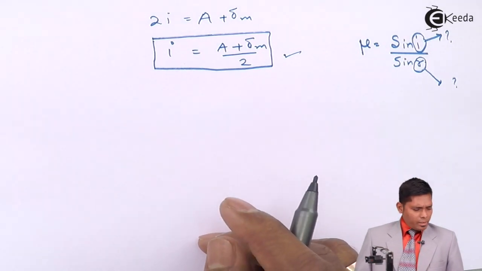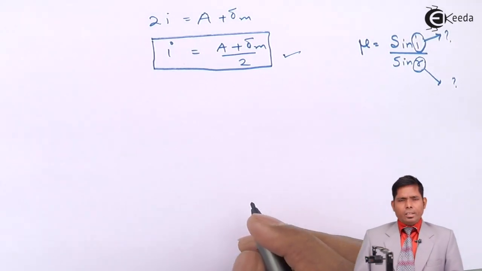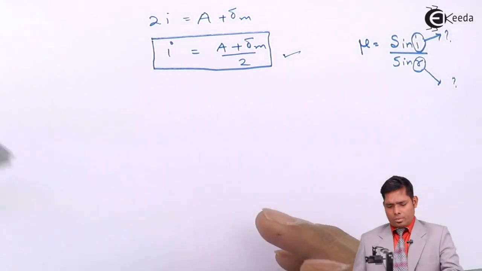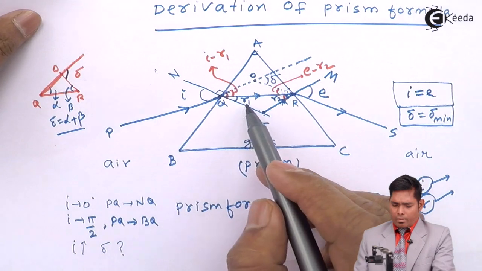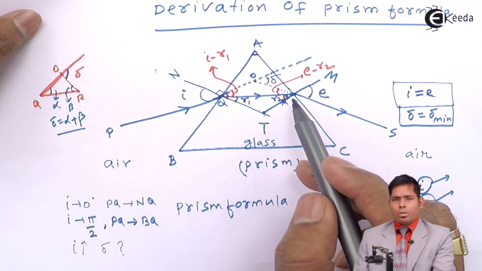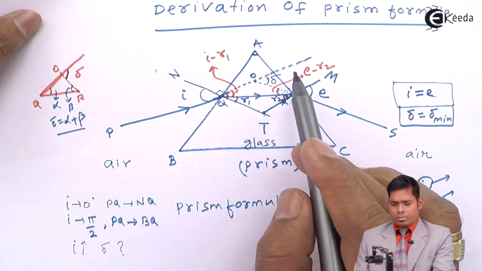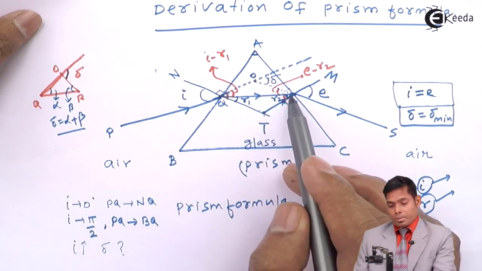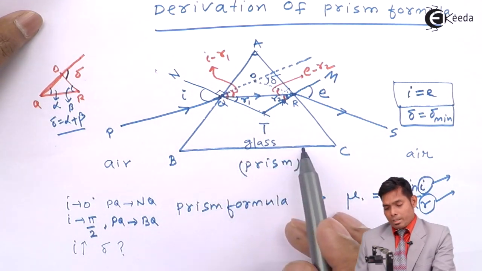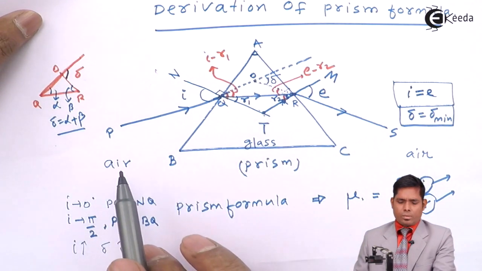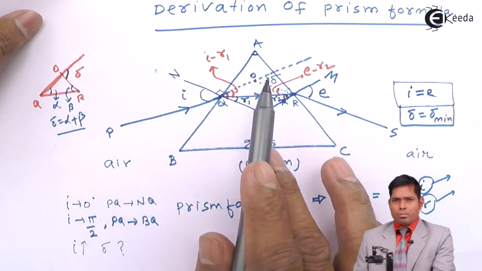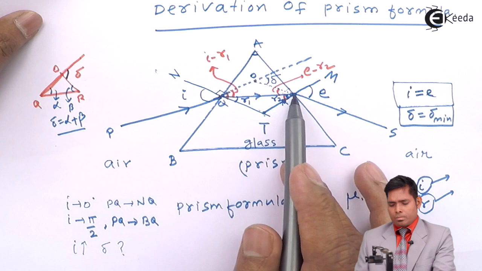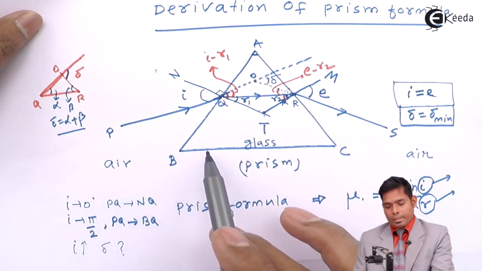It has been found that when I is E, R1 and R2 also become same. That means when this I is equal to E, this R1 and this R2 are same at minimum angle of deviation. The ray which goes inside the prism is parallel to the base. When minimum deviation occurs, the ray QR which is through the prism is always parallel to the base.